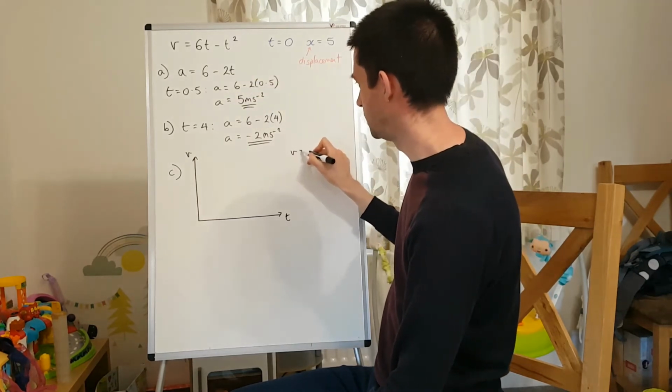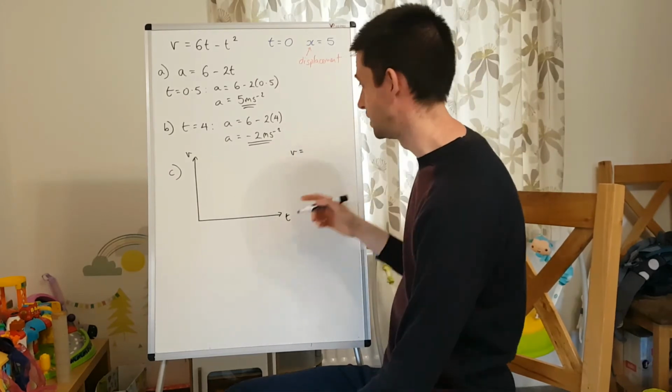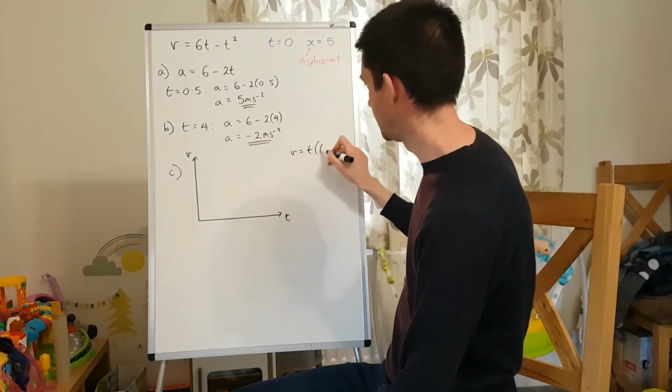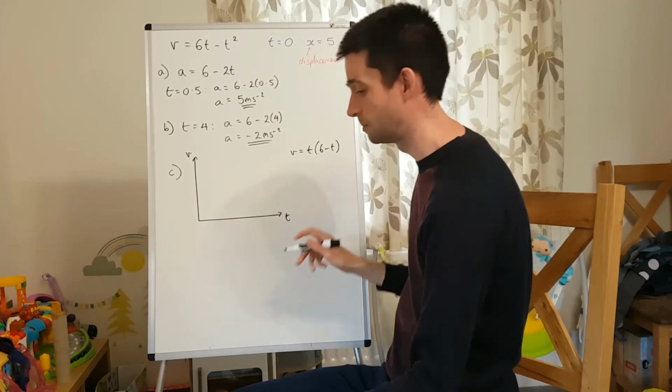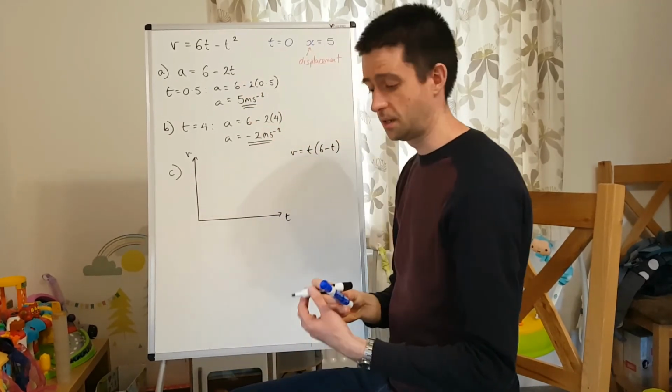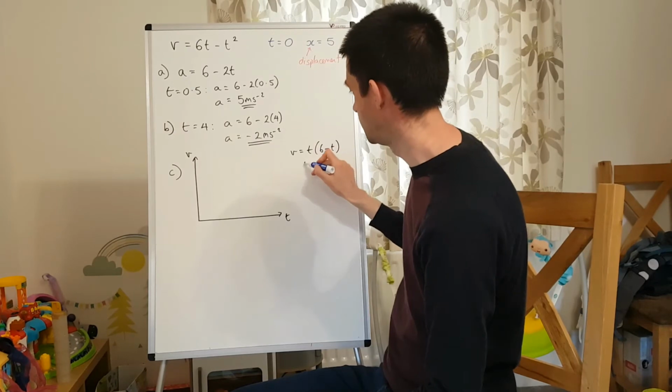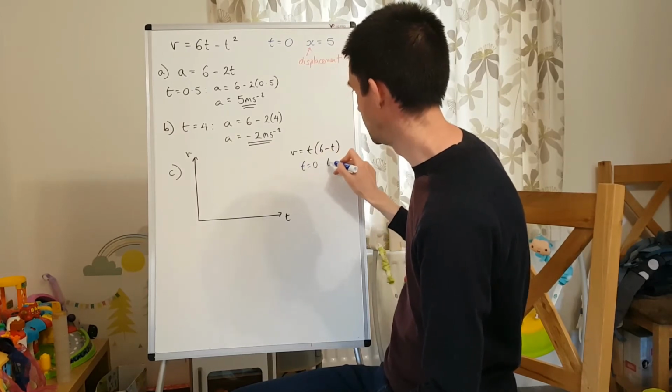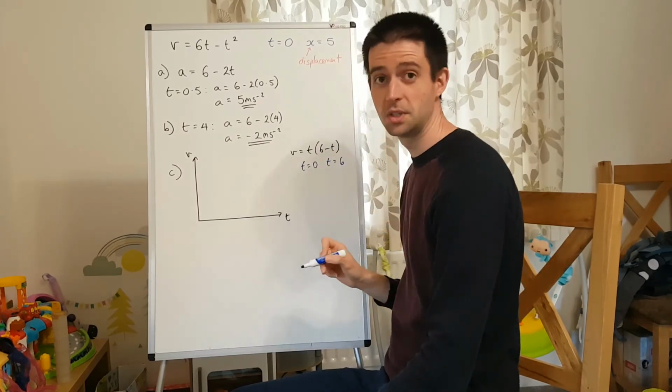So instead of writing it as 6t minus t squared, I'm going to write it as t bracket 6 minus t, because that shows me that the roots of this equation are t equals 0 and t equals 6.